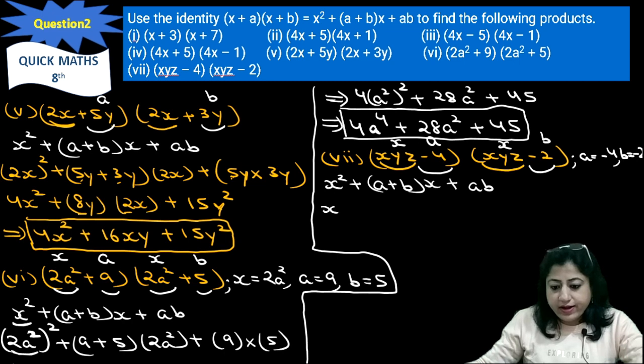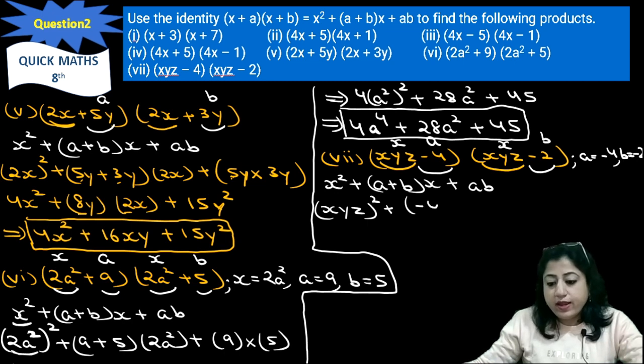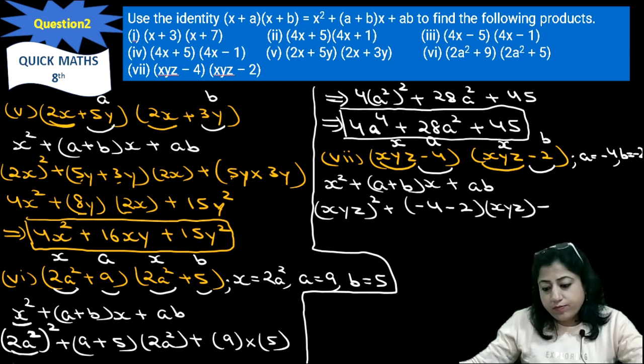Now write the value of x. X is xyz and square of it, plus write the value of a. A is minus 4, b is minus 2 and x value is xyz, plus a is minus 4 multiply b is minus 2.